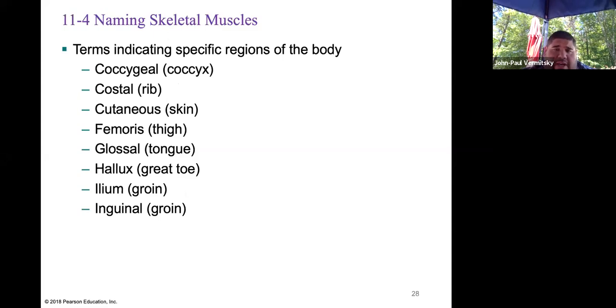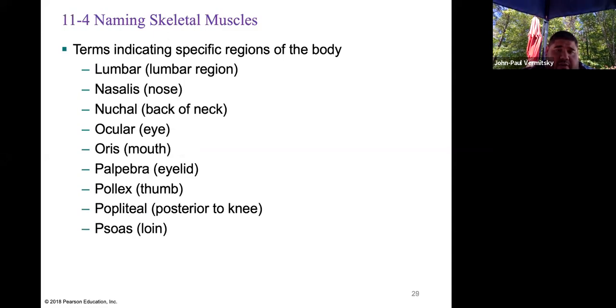So you'll see some of these names incorporated into the muscles, and they're just directing you to specific regions of the body here. Lumbar is lumbar region of the back, nasalis is nose, ocular is eye, oris is mouth, palpebra is eyelid, pollex is thumb, popliteal is posterior to knee, and psoas is the loin area.